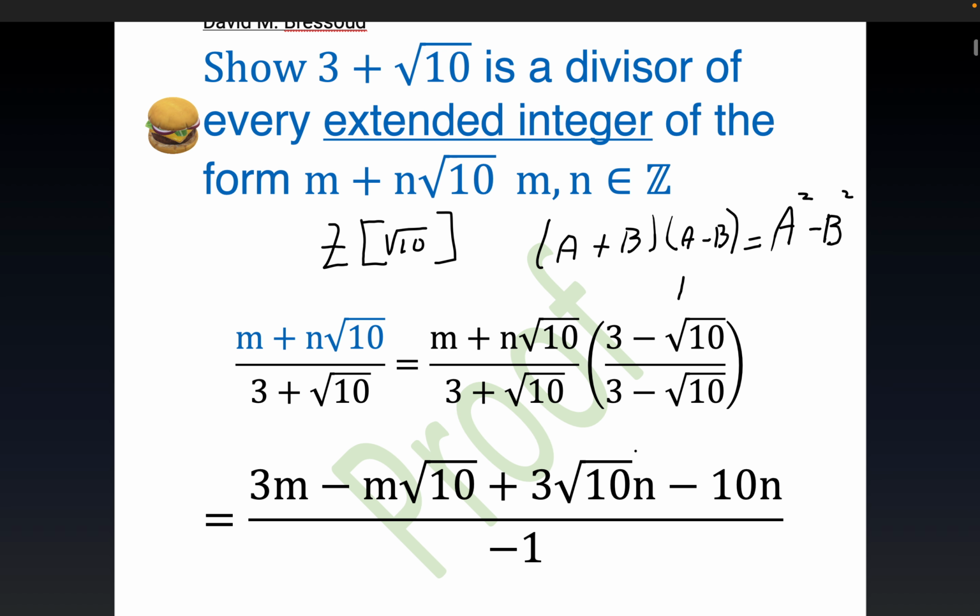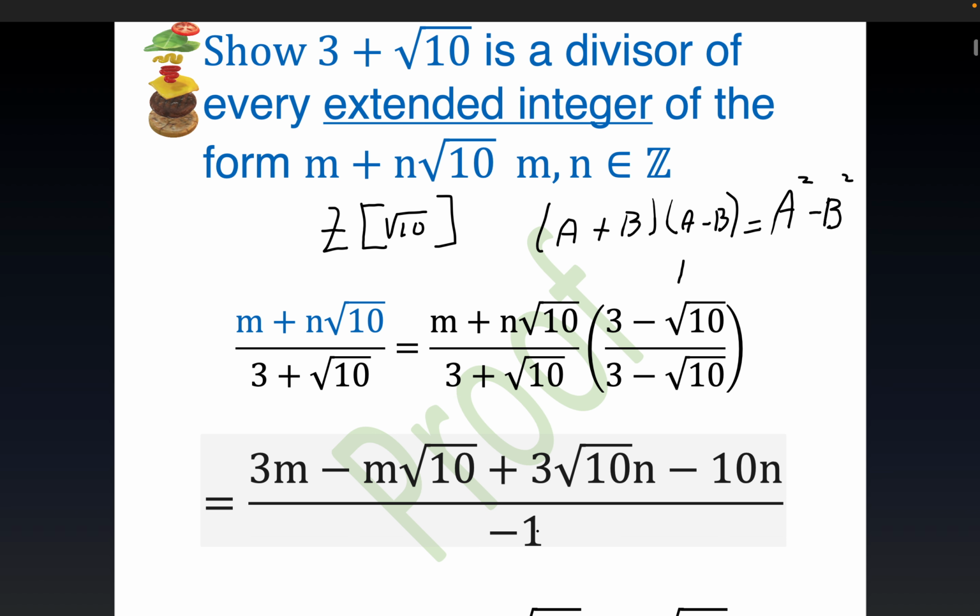Okay, now, when you do that, this minus 1 comes from the fact that this is the same as 3 squared minus 10, right? We just use this result right here if you're wondering where that came from. This top part is just everything being expanded out.